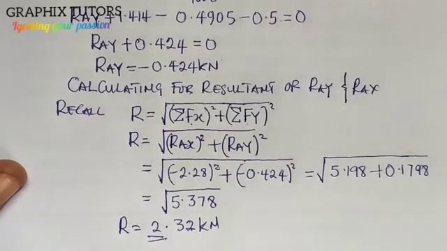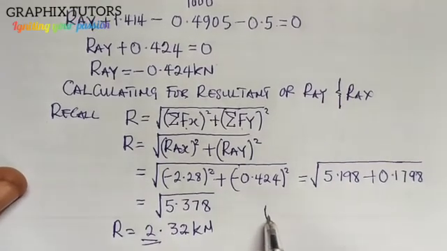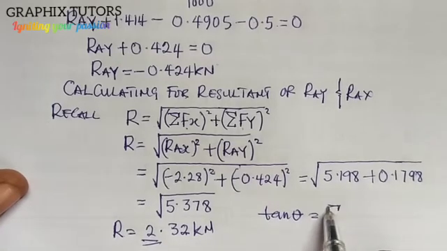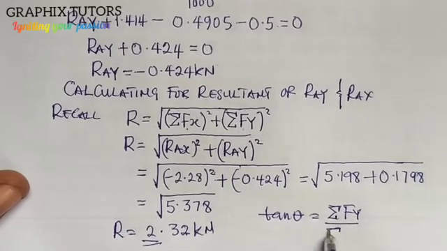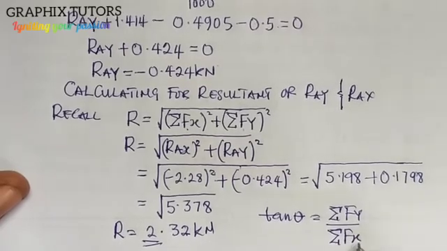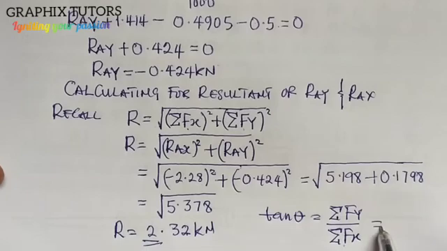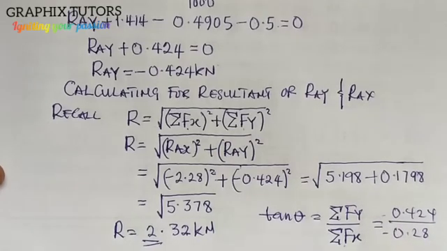So in doing that, we know that tan theta is equal to the summation of Fy over the summation of Fx, right? So we know what this value is. The Fy here is giving us 0.424. Fx is giving us 0.28. This is negative, they're equating out.